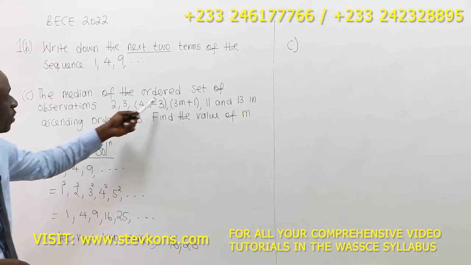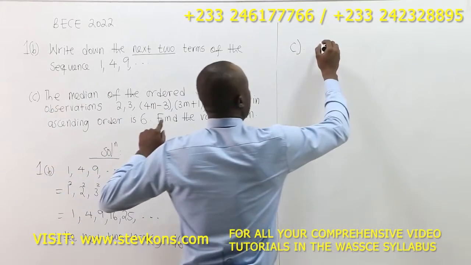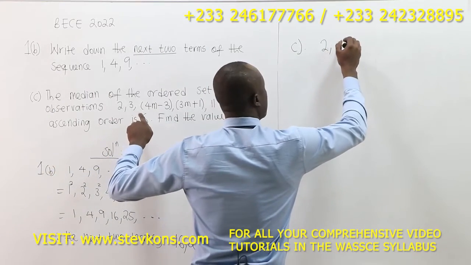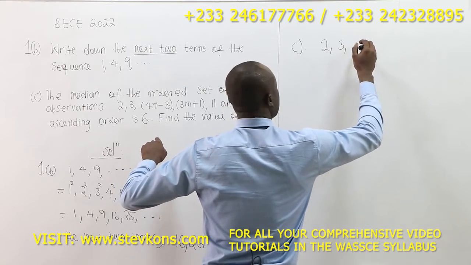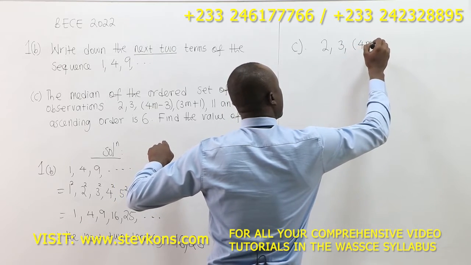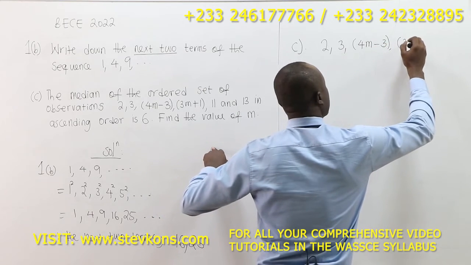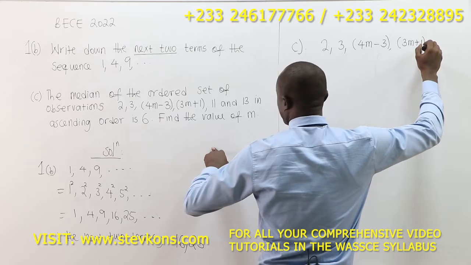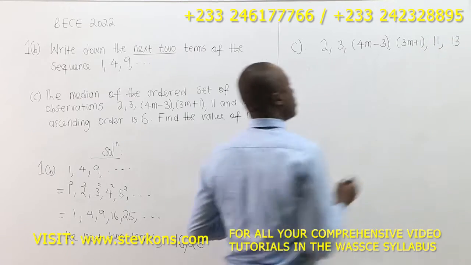The median of the ordered set of observations. What are the observations? We have 2, 3, 4m minus 3, 3m plus 1, 11, and 13.